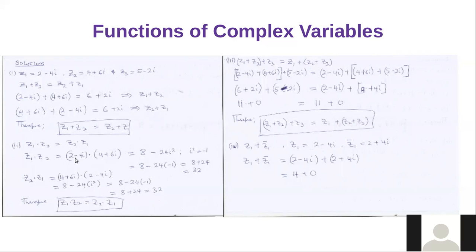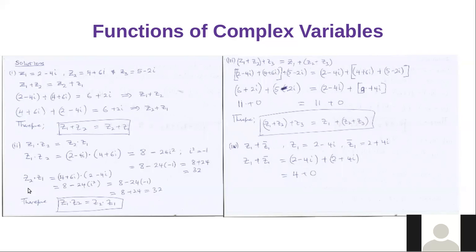You multiply 2 times 4, it will give you 8, minus 4i times plus 6i. That gives you 24i squared. And we know that i squared is equal to minus 1. So if you put it here, you now have 8 minus 24 times minus 1, that will give you 8 plus 24, which is 32.